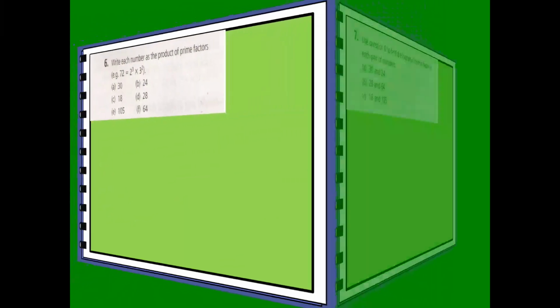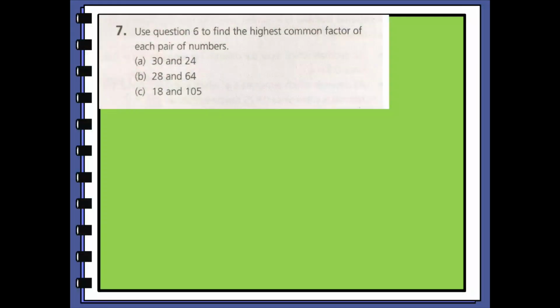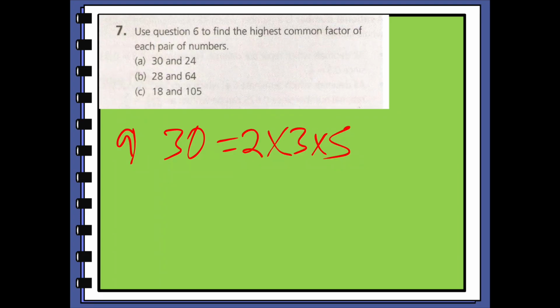Okay, let's go to the question. 30, what was 30? 2 times 3 times what? 5. Then 24 was what? 2 power 3 and times what? Times 3, yeah, there was a 3.